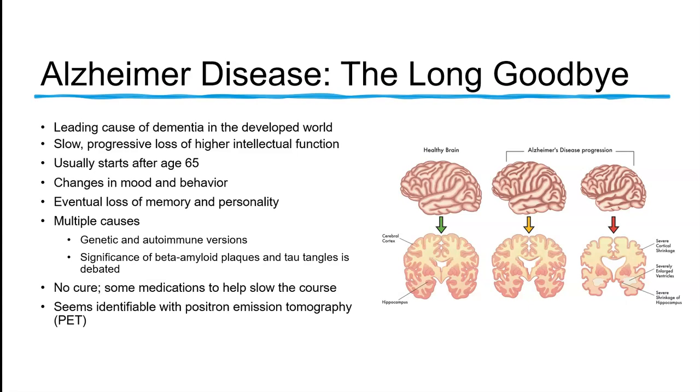Now, this is a type of dementia, which is just a general loss of cognitive abilities, which can include memory, language, and decision-making skills. It usually starts over the age of 65 and becomes more apparent in the 70s, unless it is early onset Alzheimer's, and that is when the symptoms develop before the age of 65.